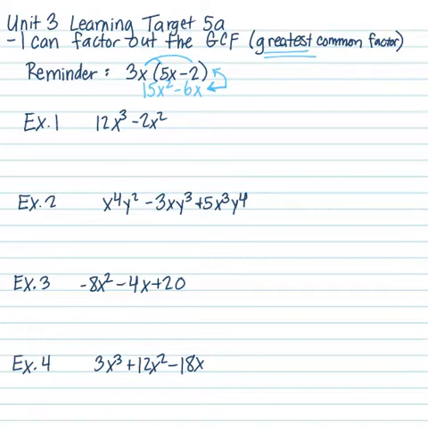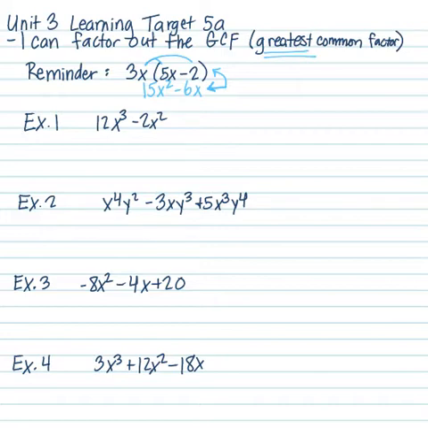So looking at example 1, we've got 12x to the third minus 2x squared. We know before, in this reminder example, we distributed by multiplying. So if we're going to work backwards, we need to factor by dividing.